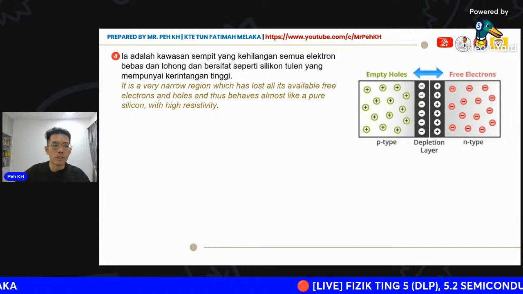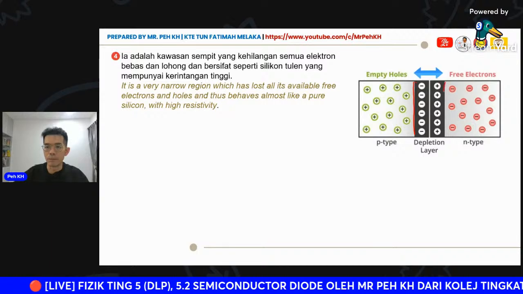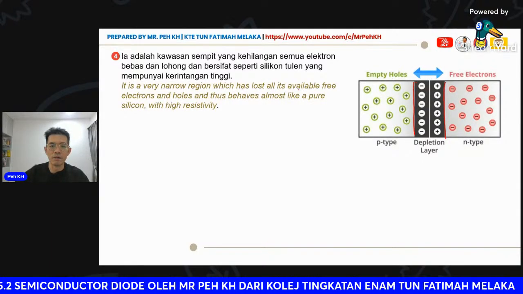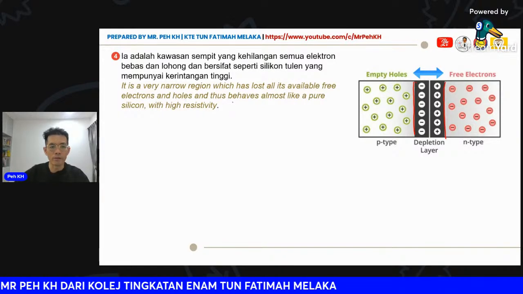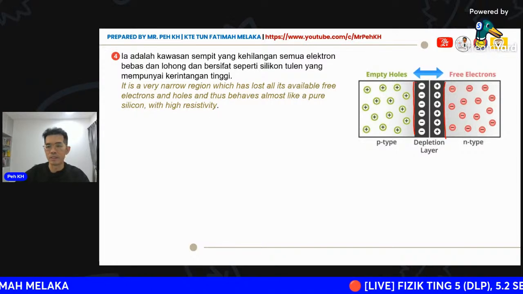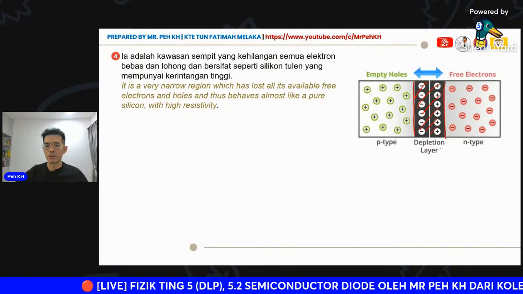Number 4 here is a very narrow region, this depletion layer, which has lost all its available free electrons and holes, and thus behaves almost like pure silicon with high resistivity. You can see here the narrow region that we know as the depletion layer.